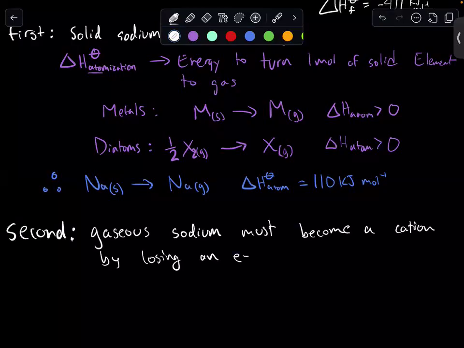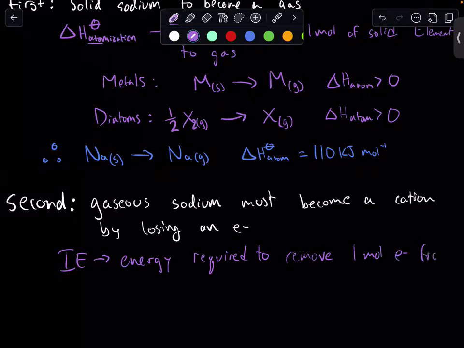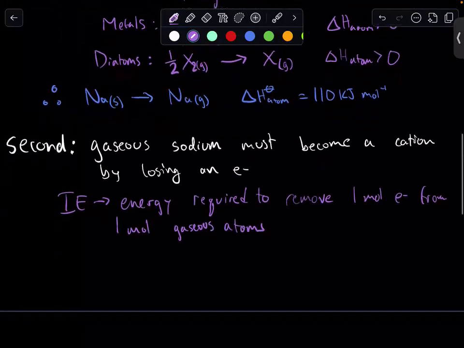Now, when we lose an electron, that's generally referred to through our ionization energy. Ionization energy, if you recall, is the energy required to remove 1 mole of electrons from 1 mole of gaseous atoms. Well, good thing sodium's already a gas.